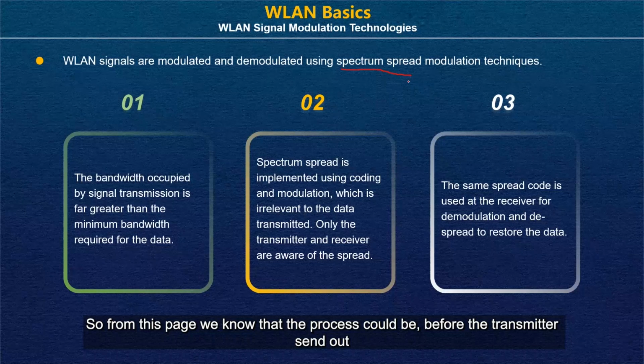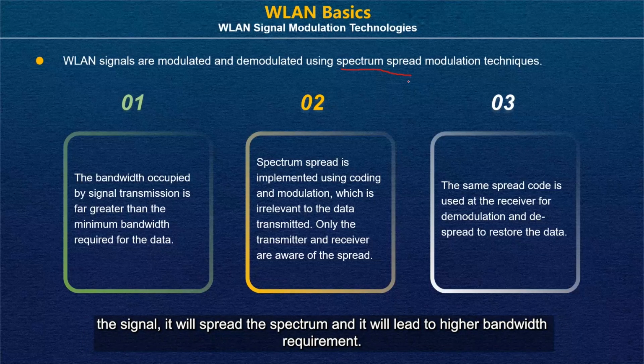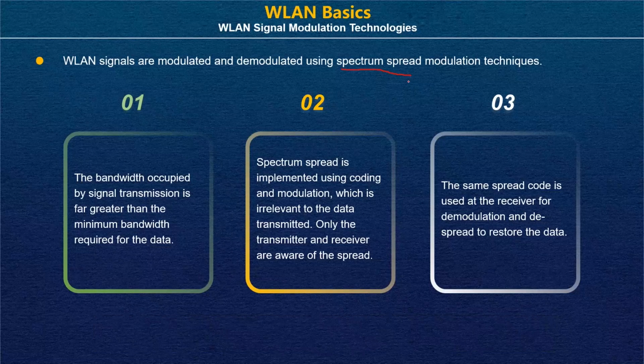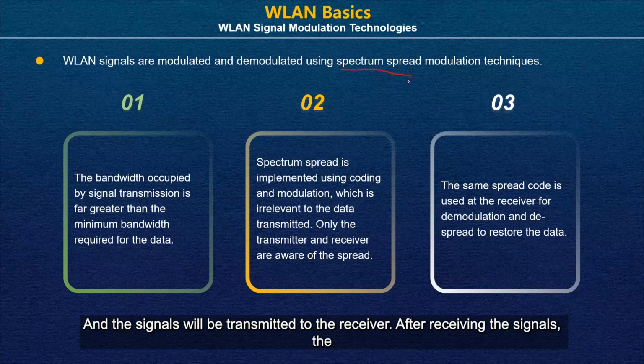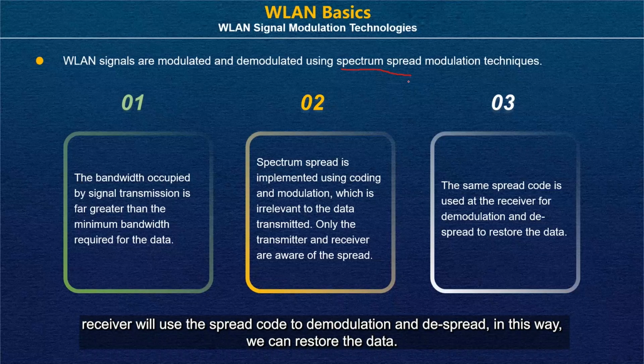So from this page, we know the process: before the transmitter sends out the signal, it will spread the spectrum, which leads to higher bandwidth requirements, and the signals will be transmitted to the receiver. After receiving the signals, the receiver will use the spread code to demodulate and despread. In this way, we can restore the data.